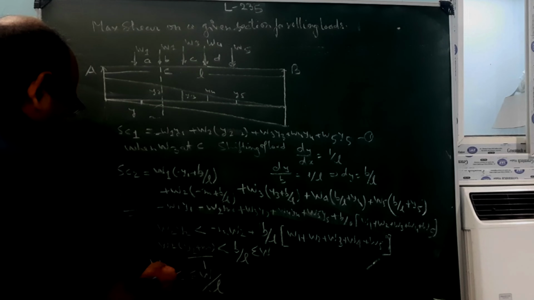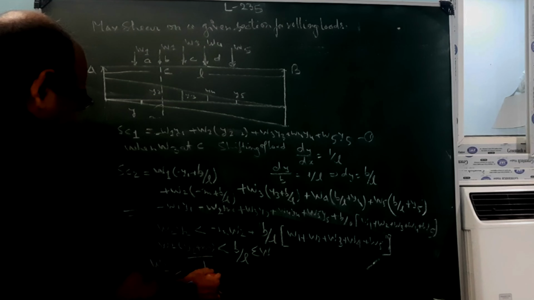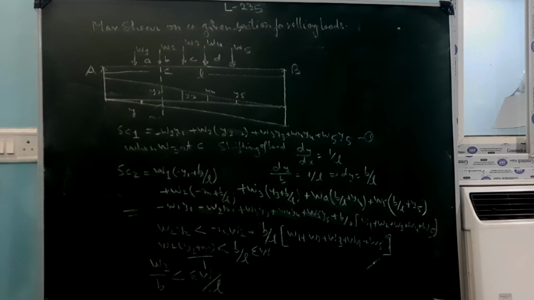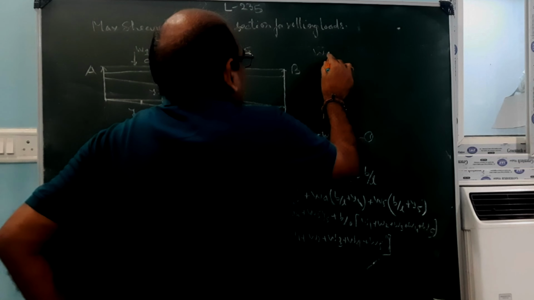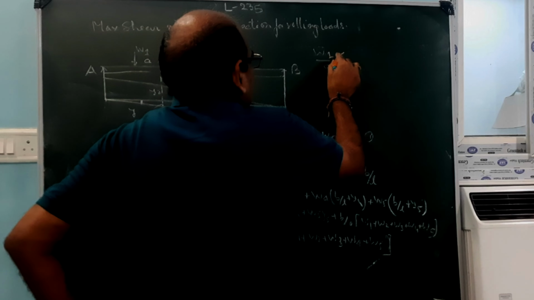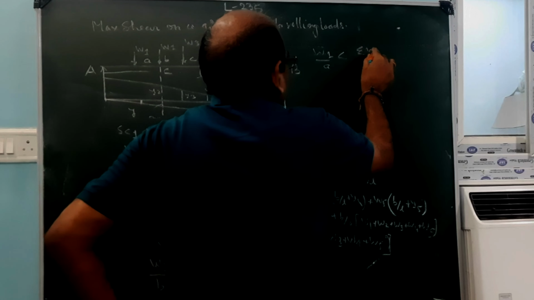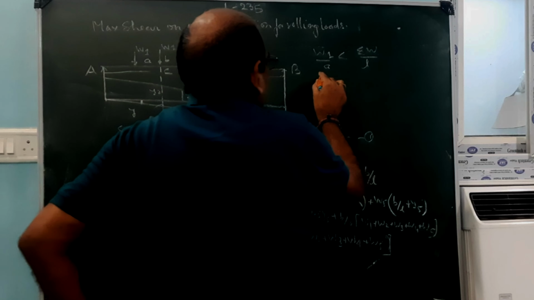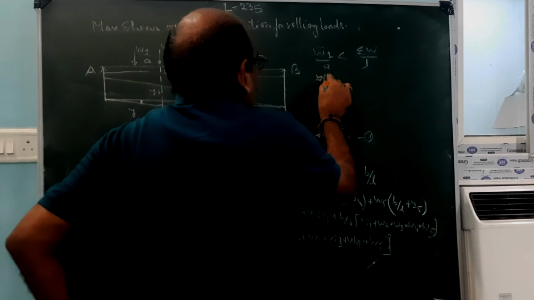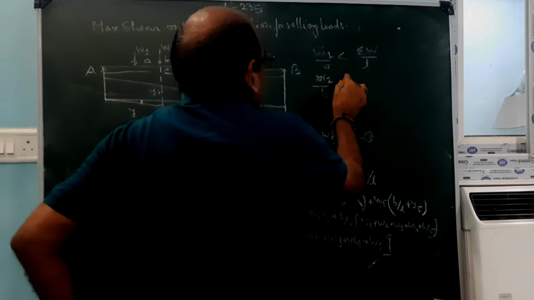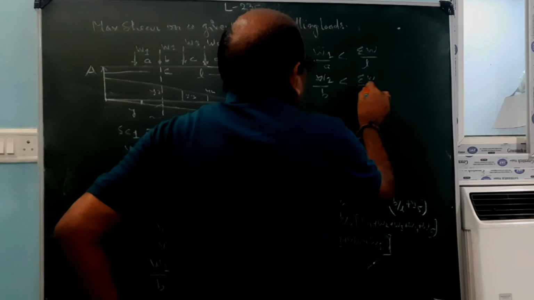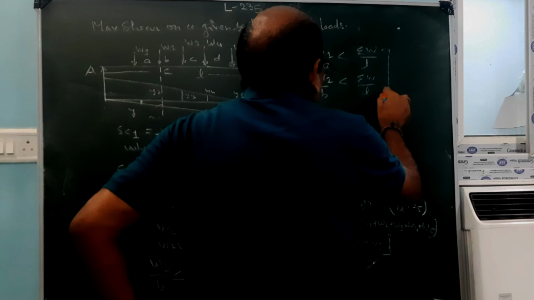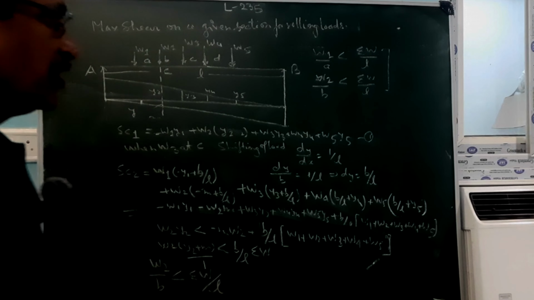So this will be W2 by B is less than summation of W by L. So in all cases, whatever the case, if shifting is there, W upon B must be less than summation of all the W divided by L. You can say W2 by B will be less than the summation W by L. Only then can we have the maximum shear force.